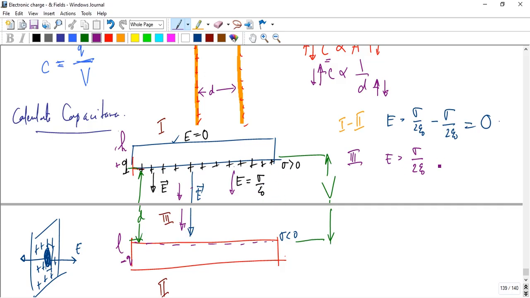Remember that. And with the minus charge, minus minus gives plus sigma over twice epsilon naught. We get twice sigma over twice epsilon naught, cancel the twos, so sigma over epsilon naught.